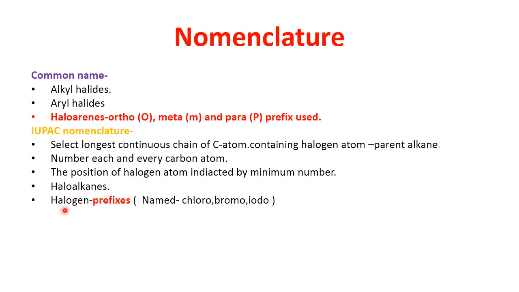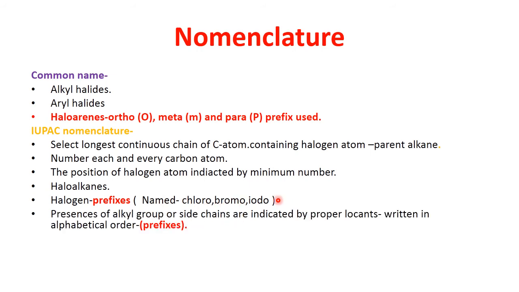In this case, the halogen is used as a prefix, and we call it chloro, bromo and iodo. If there is any alkyl group or side chain, we indicate it by a proper locant, write it in alphabetical order, and consider it as a prefix.